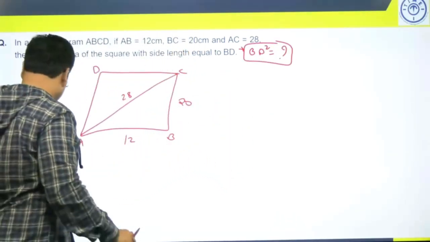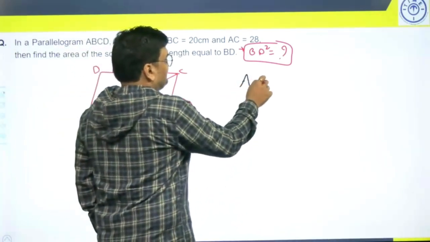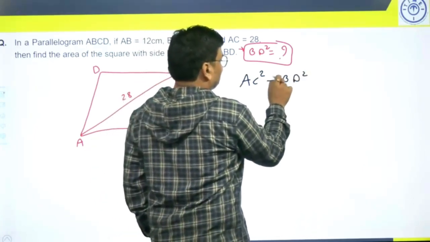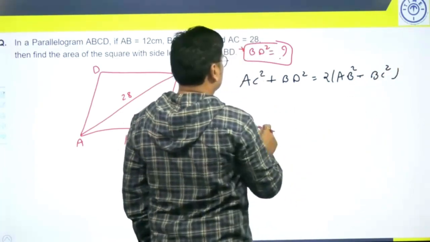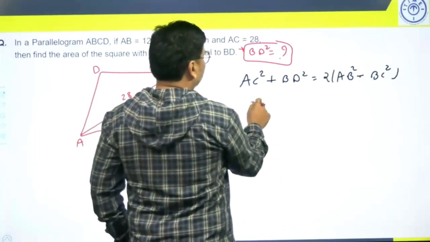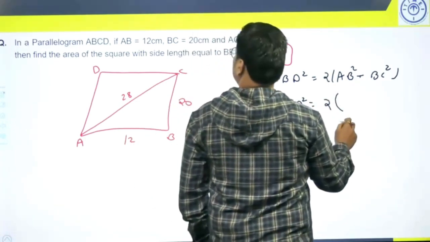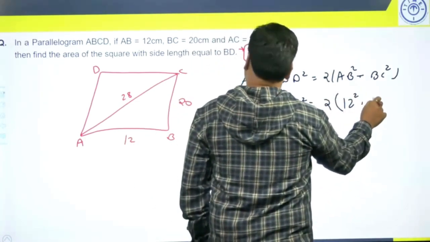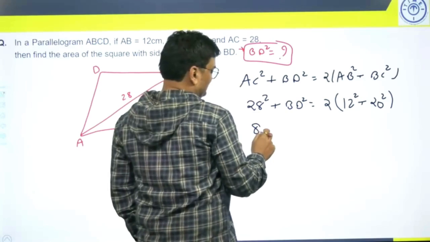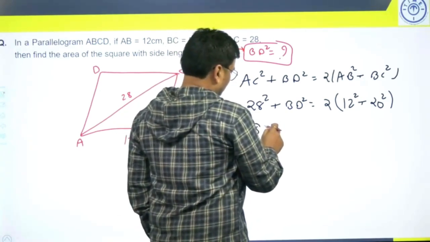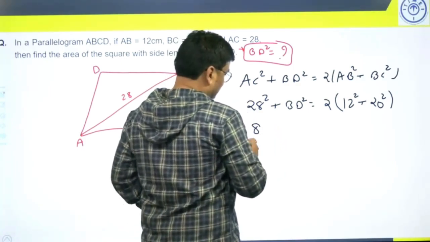For finding BD squared, we use the last property we discussed on the previous slide: AC squared plus BD squared is equal to twice the sum of AB squared plus BC squared. AC is 28, so 28 squared is 784.